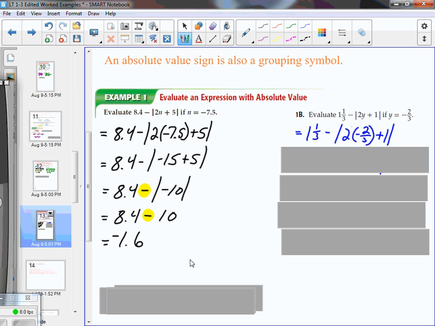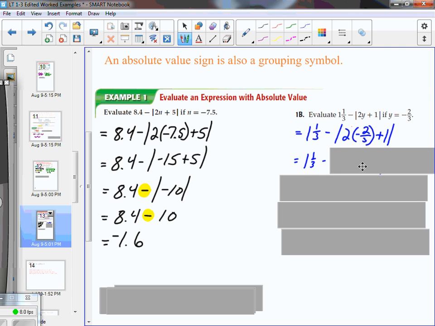Now, a lot of the time with fractions, I end up having to change to an improper fraction to do the rest of the simplifying. I don't know if I'm going to need to or not, so I'm not going to yet. Because we know, well, either we know or we can figure out that 1 1/3 is the same thing as 4/3. Maybe I need to change it to 4/3, but I don't know. So I'm going to leave it as 1 1/3 and see if that works out okay.